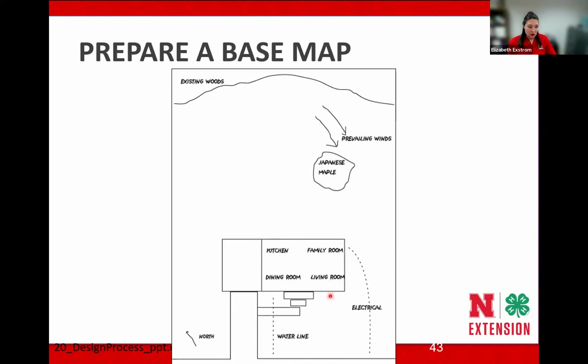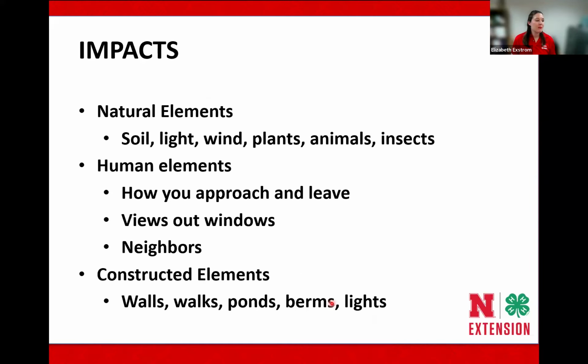If so, don't put a tree here because that will block your view to the street to see who's coming. So that's all going to make a big difference in your base map. Putting that existing plant material in there, putting what is there, what views you want to maintain. Those are all going to be a big aspect that you want to include.